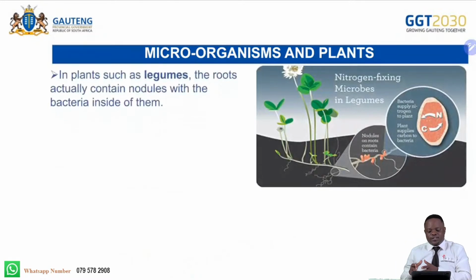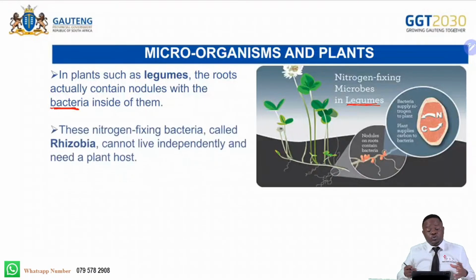Remember, in our definitions, we spoke about legumes, and we gave examples of typical leguminous plants like beans. In the roots of these plants, we actually find bacteria. The bacteria are found in the root nodules of these leguminous plants.